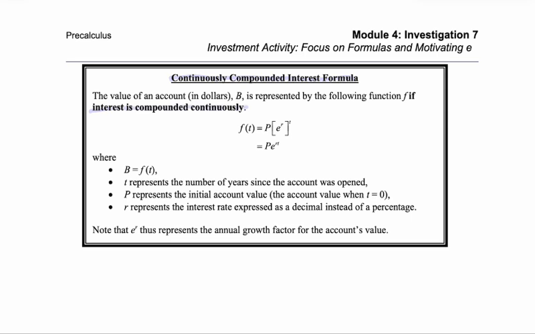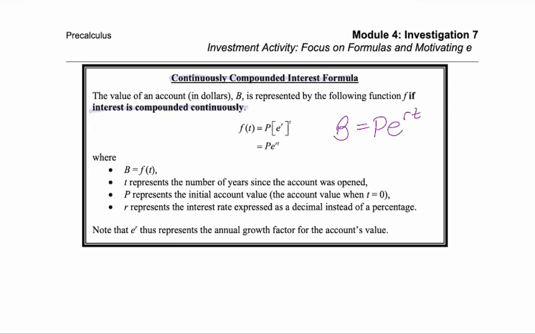If interest is continuously compounding, we get what I call, just for silly amount, they call it B. They call it the PERT, or I call it the PERT formula, because it kind of spells out the word PERT. There used to be a shampoo called Pert.